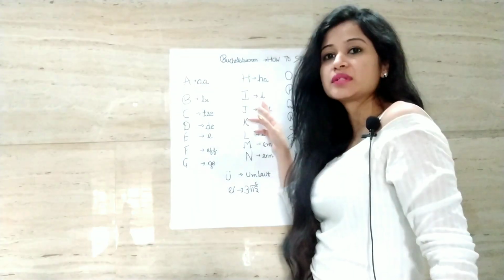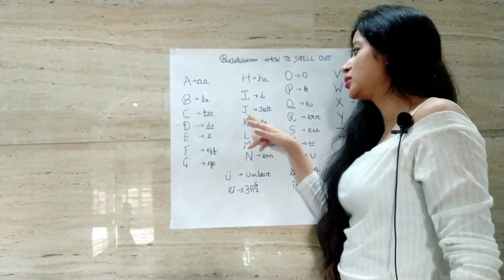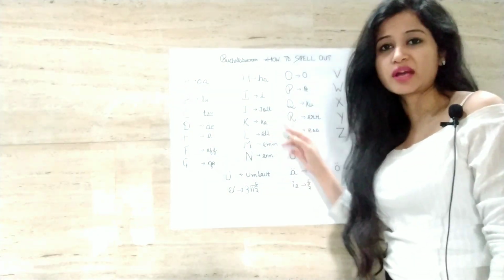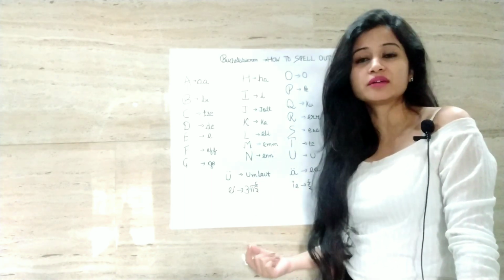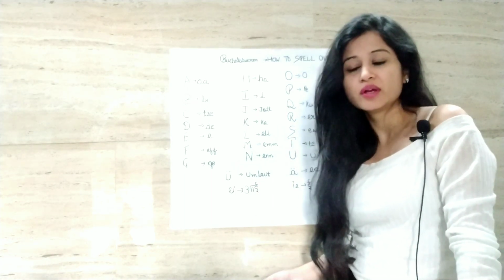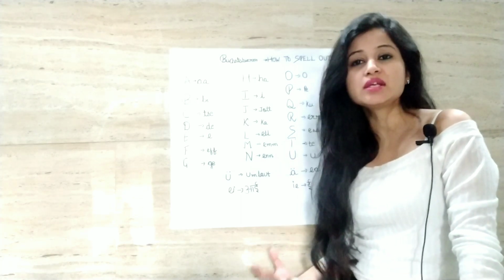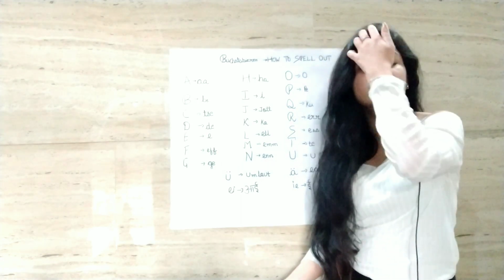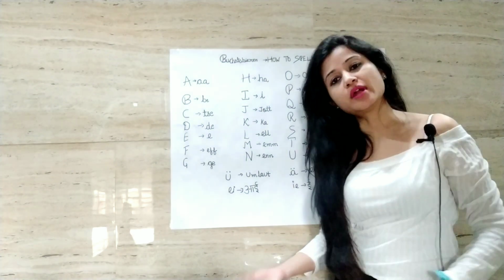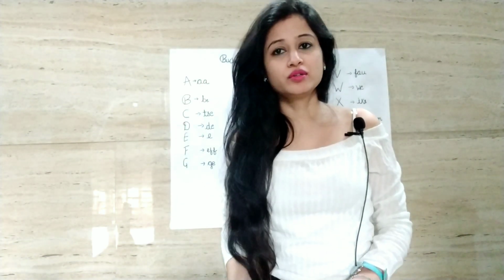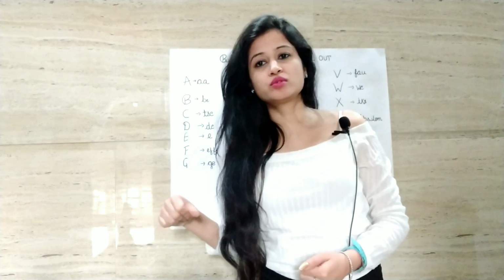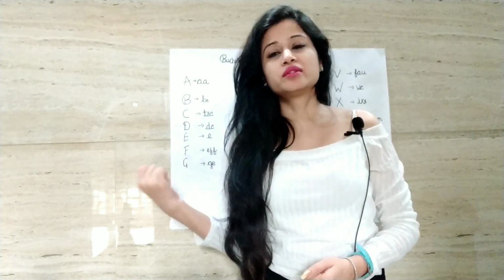I becomes E. J becomes Yacht in German language. Our J becomes Yacht. We do not say the letter J as J in German. Year is used, our Hindi year, that is used instead of J. Okay, whenever you will be pronouncing or using it anywhere, you will be using it as year in German language. That's the reason I pronounced it as yacht instead of jot.